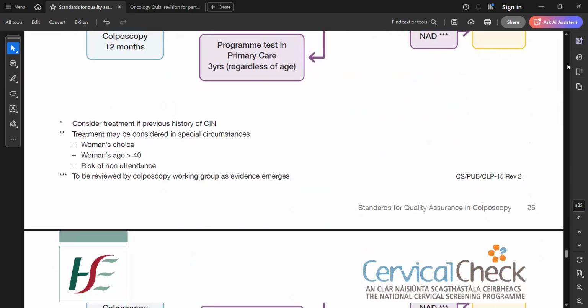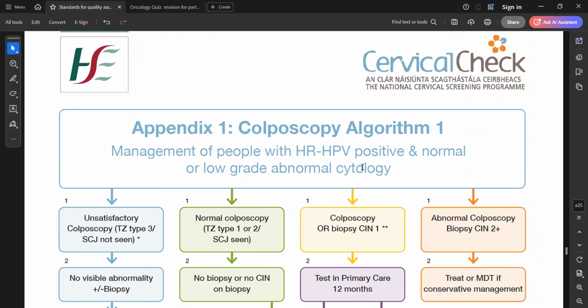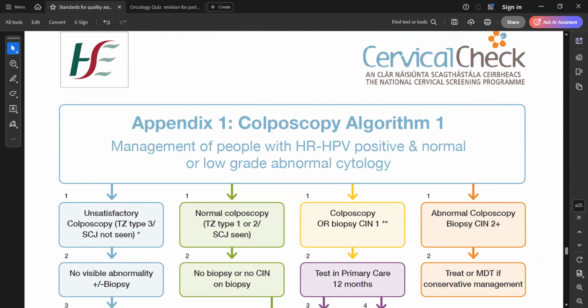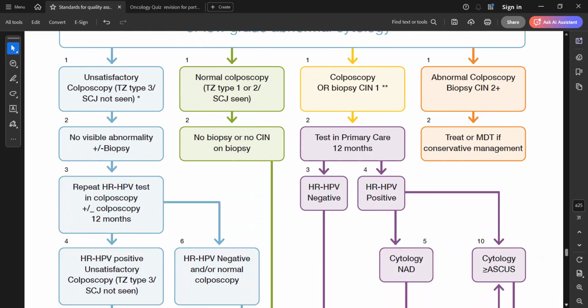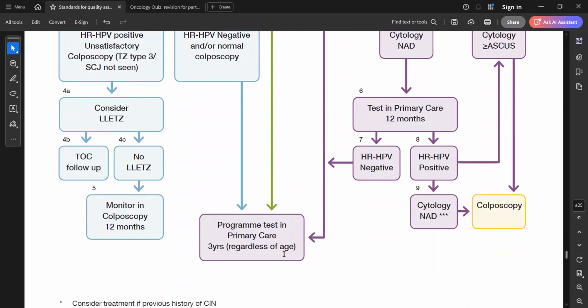However, in another patient where the HPV is positive, of course, but the cytology is ASCUS or low-grade dyskaryosis, and I have a normal colposcopy and I cannot see CIN, or even because she is high risk I offered her the biopsy and it revealed nothing, I'm going to recall this patient after 3 years.